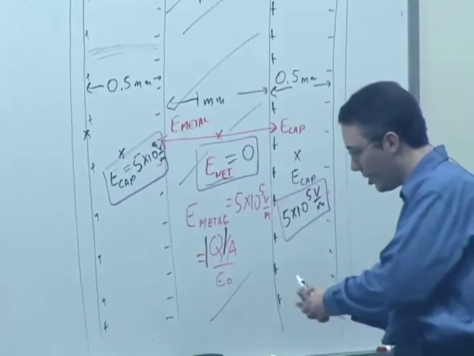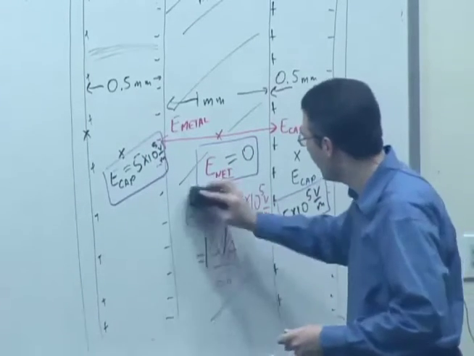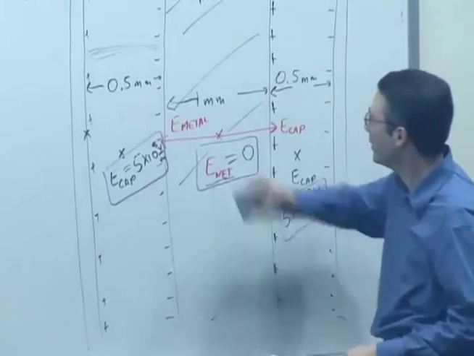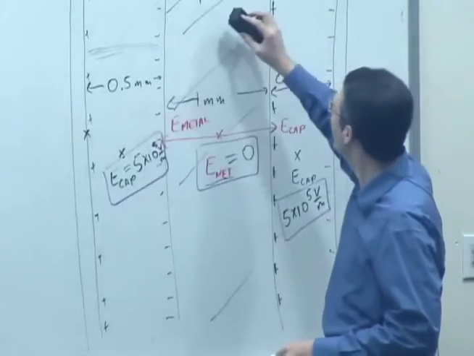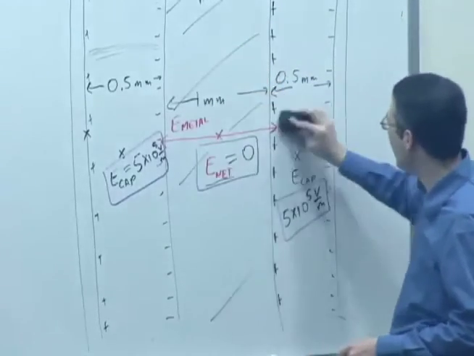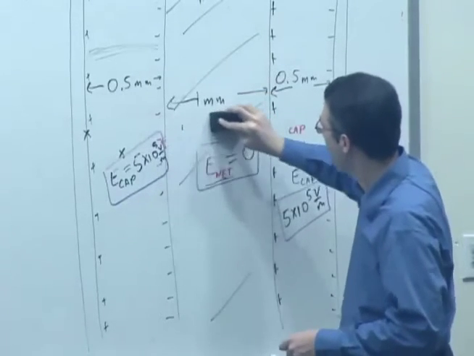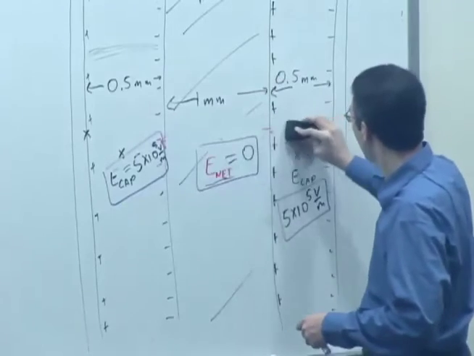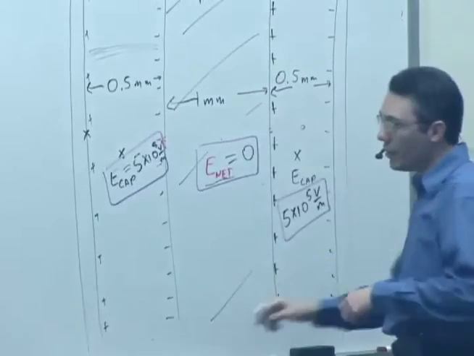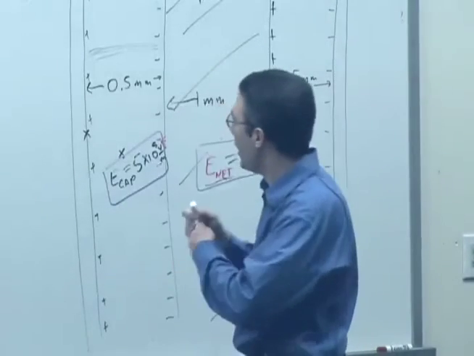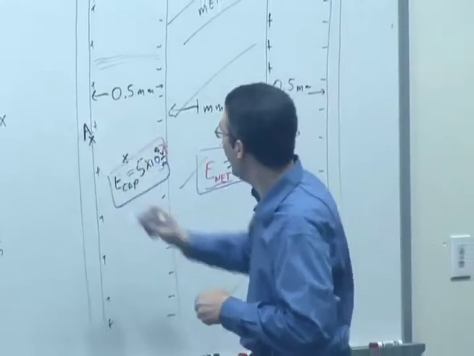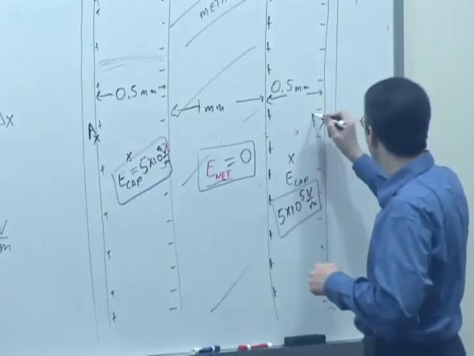Okay, and there's a lot of stuff here, so let me clean this up. And let's see, we'll get rid of this. And we still have our 2 locations, A, which is over here, and B, which is over here.